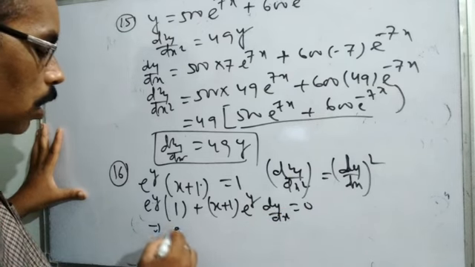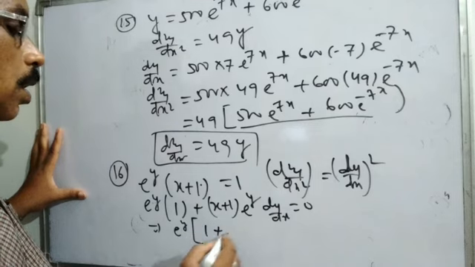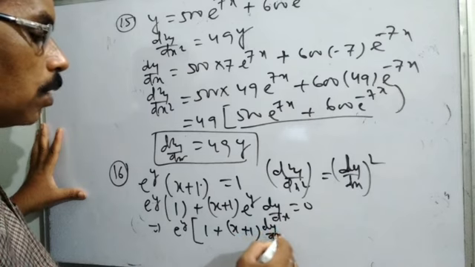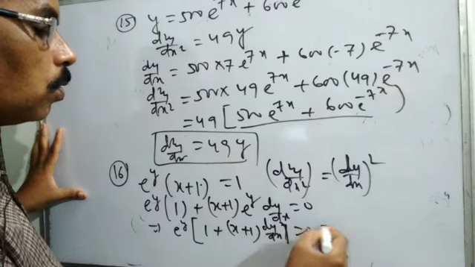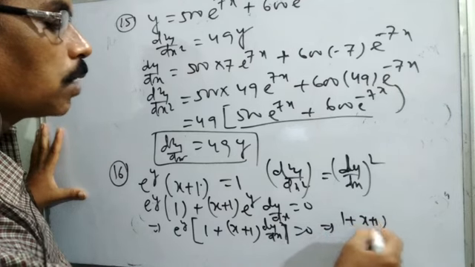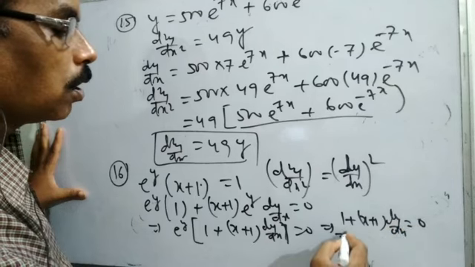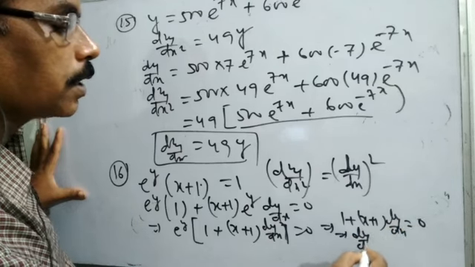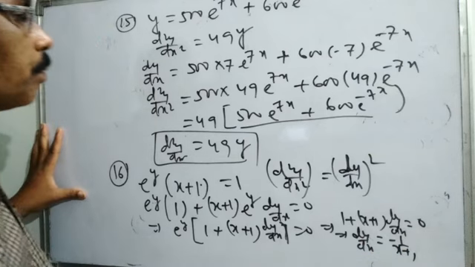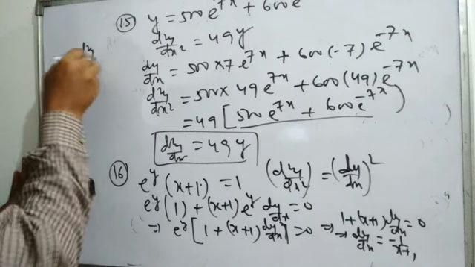Now e to the power y can be taken common, then 1 plus (x plus 1) dy by dx is equal to 0. We will get dy by dx is equal to minus 1 by x plus 1. So now we have to find d2y/dx2.